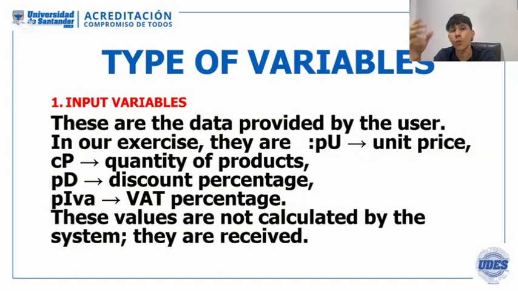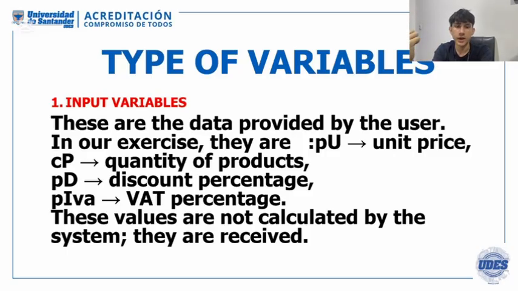Okay, so now that we know what a variable is, we have to know what the types of variables are, or at least the most common ones, the ones we're going to use in the following example. The types of variables we're going to talk about are the input variables, the process variables, and the output variables. The input variables are data provided by the user.